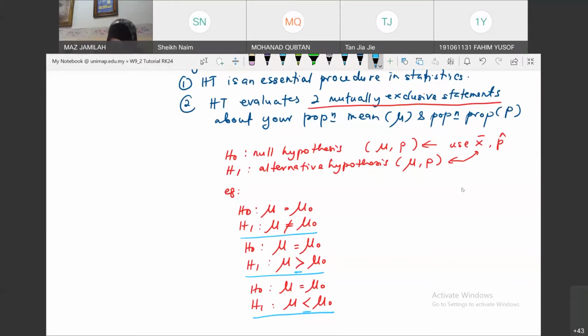If this one, we can say this is a left tail test. This one is a right tail test. And this one is a two tail test.